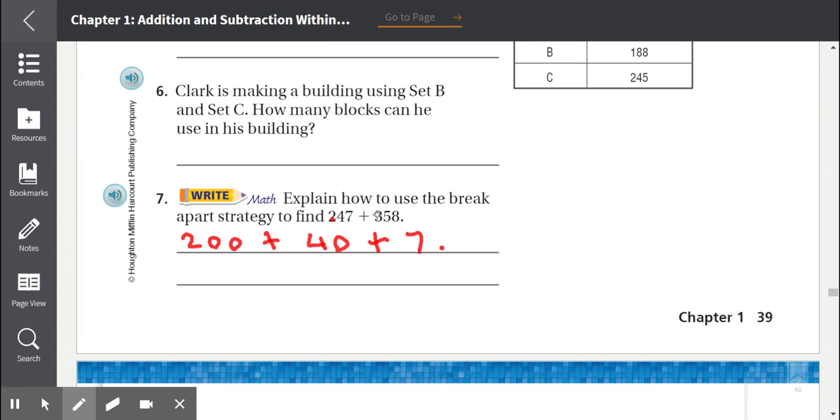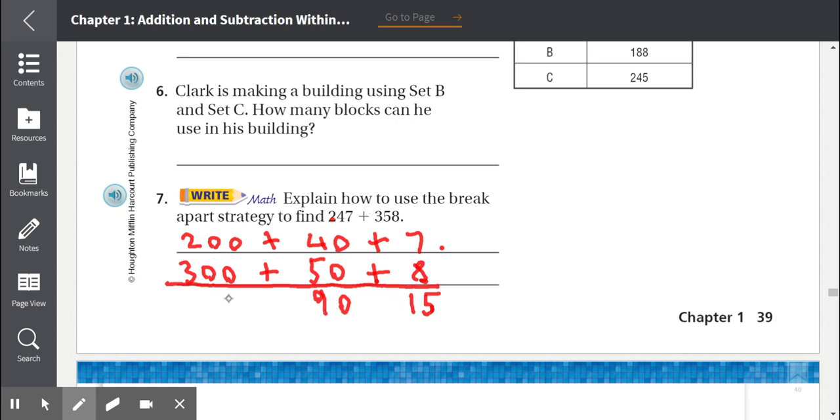In the hundreds place is 3. So that's 300 plus the tens place has a 5. 5 tens is 50 plus 8 ones. Now, if we add this together, 7 plus 8 is 15. 40 plus 50 is 90.